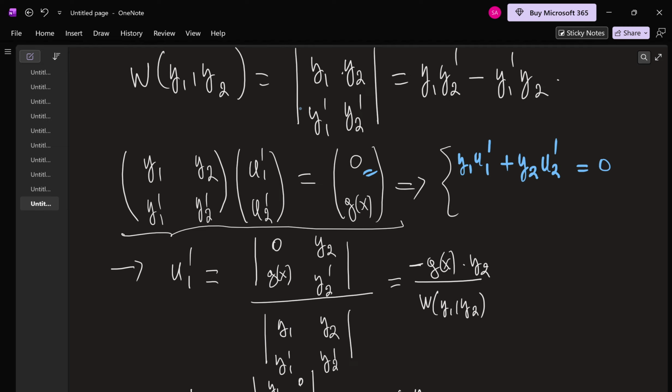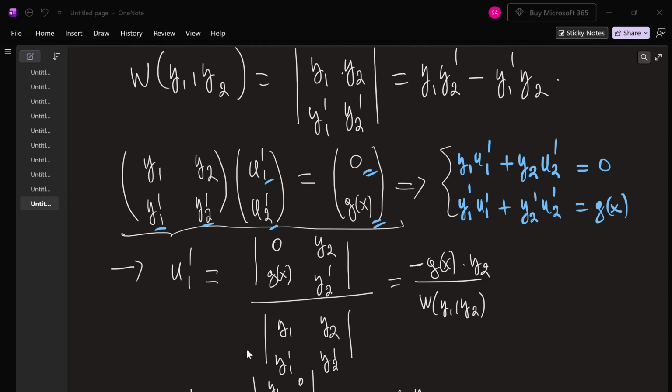Then the second line: we multiply this row with those two. You get y1 prime u1 prime plus y2 prime u2 prime, which is equal to the second entry of the vector, which is g of x. And this is exactly the system that we are trying to solve. Does that answer the question? Yes, I get it. Thank you. So we continue.